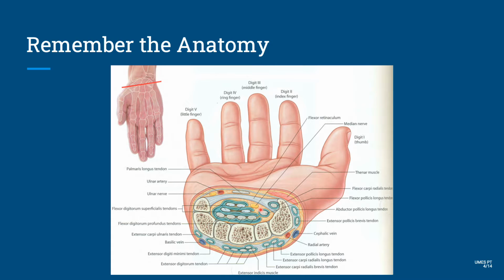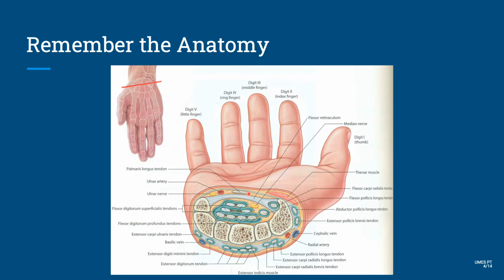And then remember, no carpi muscles go through the carpal tunnel, but inside the flexor retinaculum, you have the flexor carpi radialis. Right there, there's the flexor retinaculum. Just superficial to that, you have the ulnar nerve and the ulnar artery and veins.